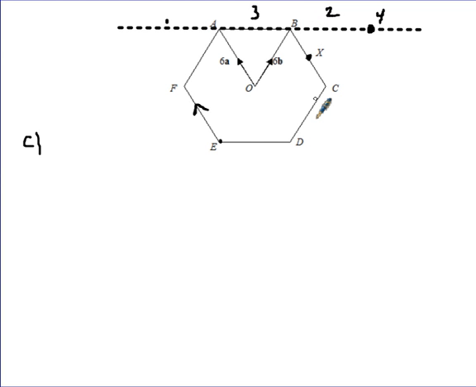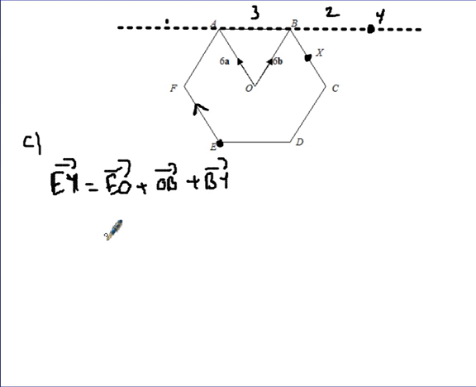Prove that E, X and Y lie on the same straight line. Well, E to Y, what will E to Y be then? What are we going to get from E to Y? Well, we're going to go E to O, O to B, and then we'll go from B into Y.